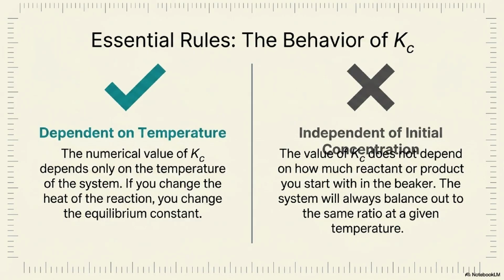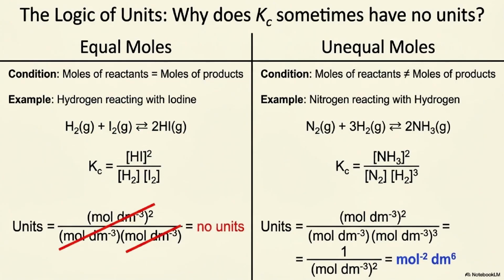It's like the units are ghosts in the machine undergoing the exact same torture as the numbers. That's exactly how dimensional analysis works. Look at the numerator. We squared the concentration of HI. That means we didn't just square the number 0.49, we squared the physical unit itself. The top of our fraction has a dimensional unit of moles per cubic decimeter squared. Now the bottom. We multiplied hydrogen's concentration by iodine's concentration.